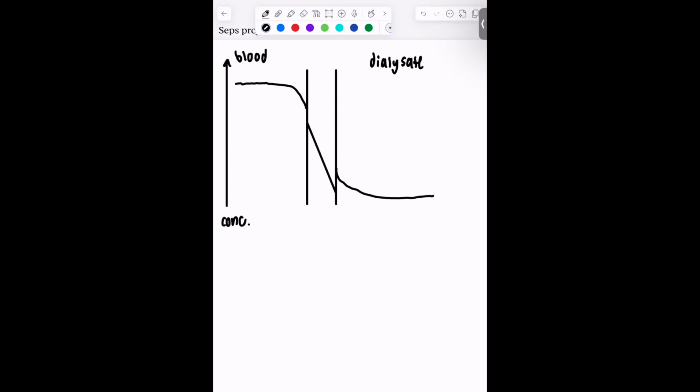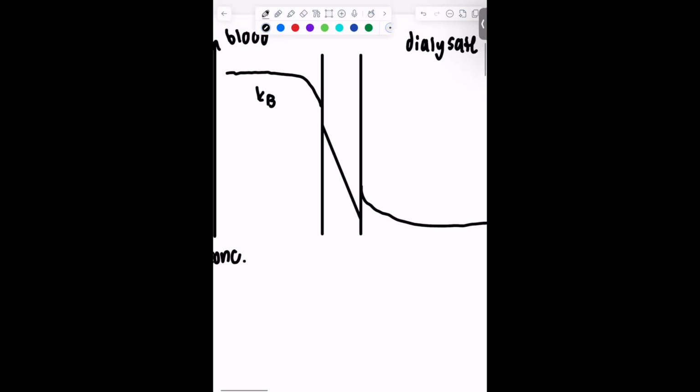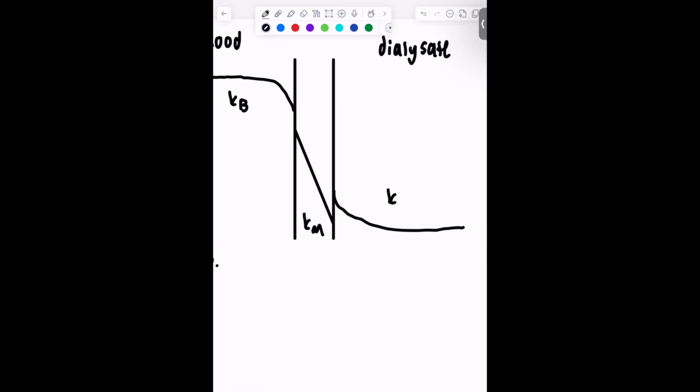So these represent the mass transfer coefficients. So in blood, the mass transfer coefficient is going to be Kb. In the membrane, it's going to be Km. And in the dialysate, it's going to be Kd.